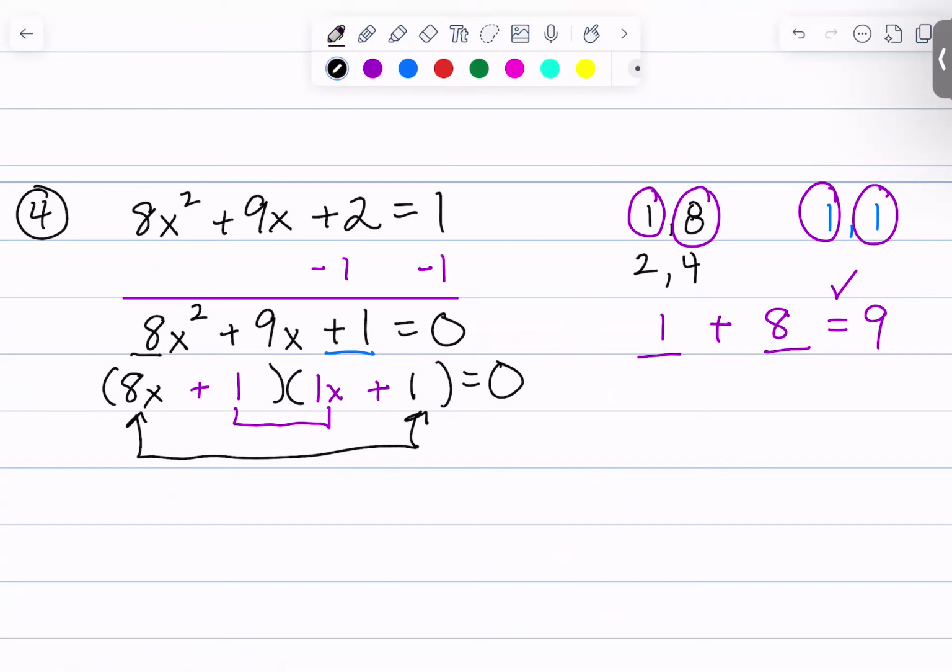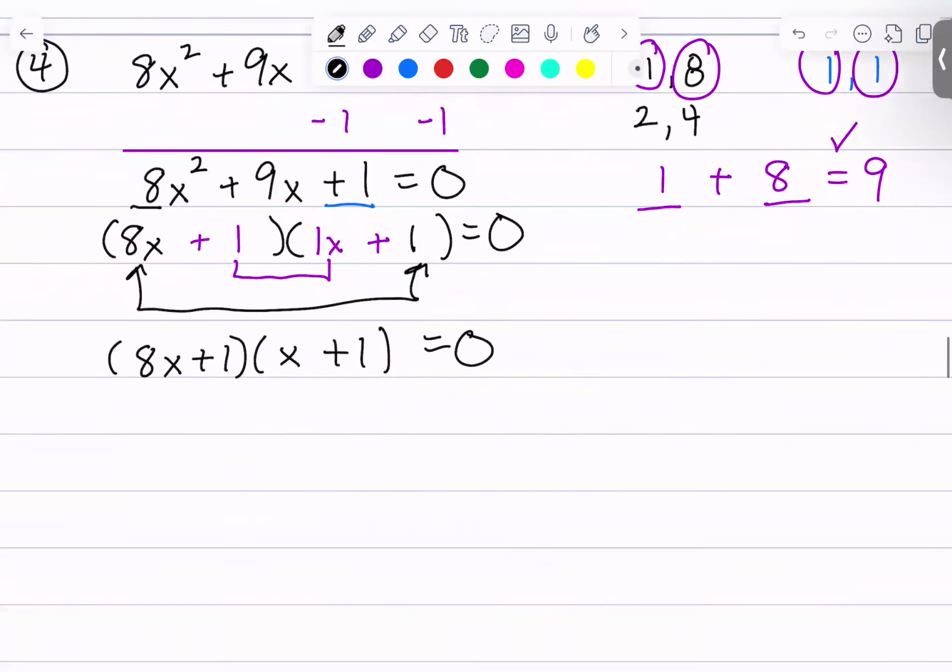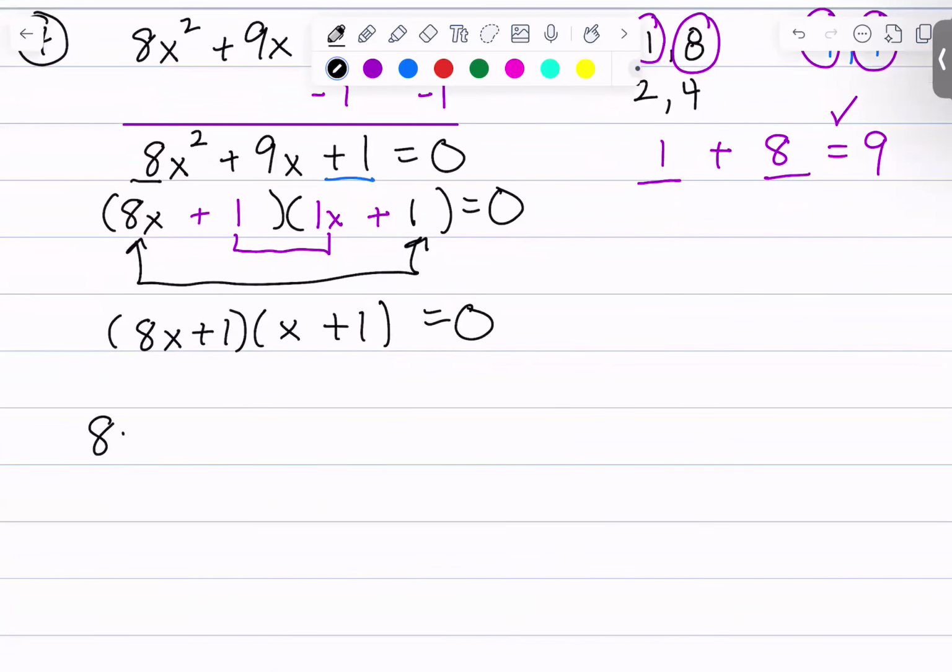Okay. So then we have 8x plus 1 times x plus 1 equals 0. So 8x plus 1 equals 0, or x plus 1 equals 0.